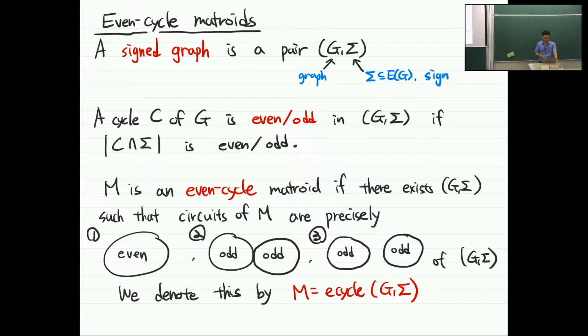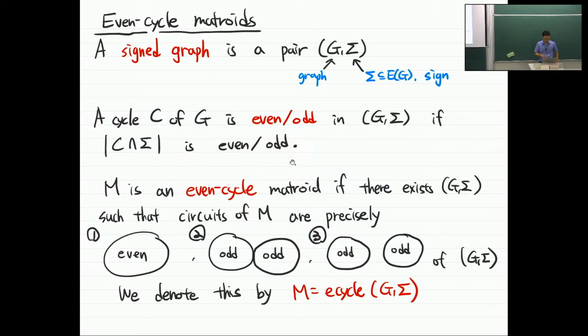Then we can define the parity of each cycle C. A cycle C is even if and only if the intersection of C and sigma is even, which means it contains an even number of odd edges. C is an odd cycle if C contains an odd number of odd edges.